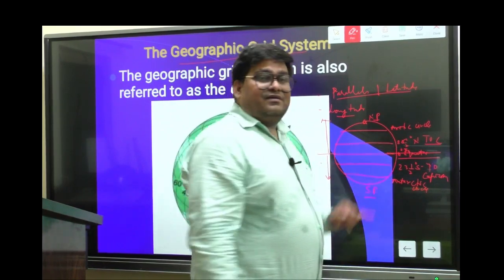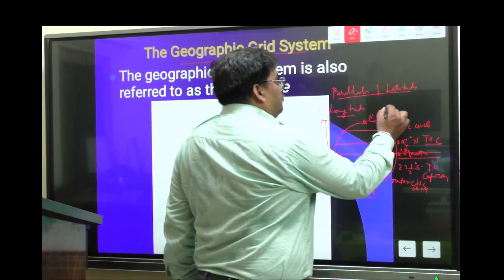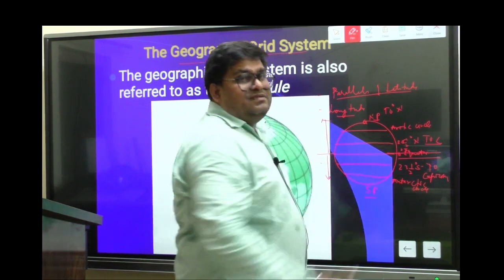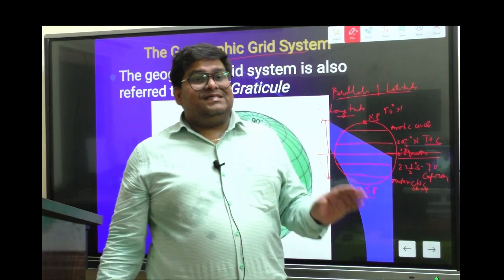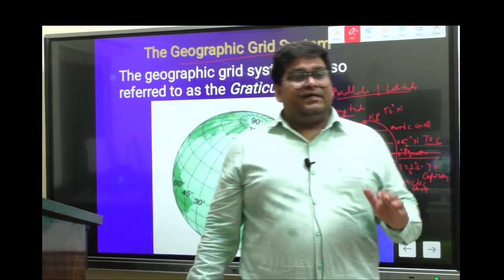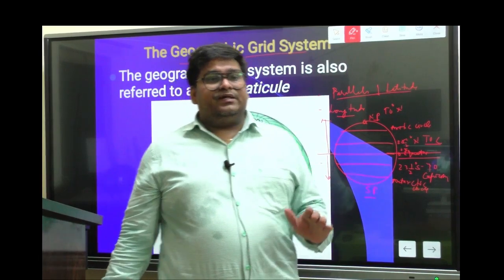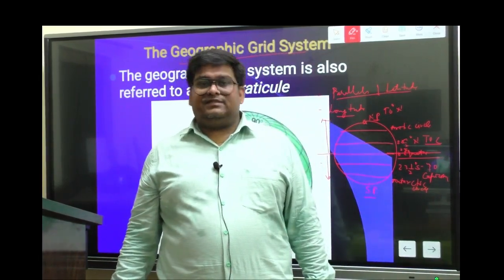Similarly, Arctic Circle, 66.5 degree north. Similarly, the North Pole, that is 90 degree north. When you come to the southern side, you will say that it is 23.5 degrees south. Then further down, 66.5 degrees south, because it's located in the southern hemisphere. And down you have basically 90 degrees south.